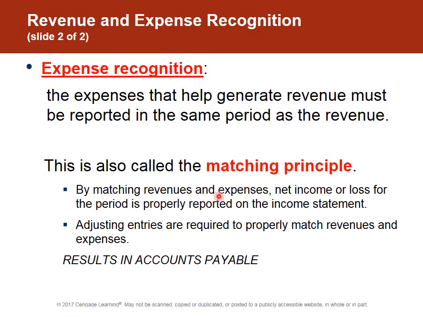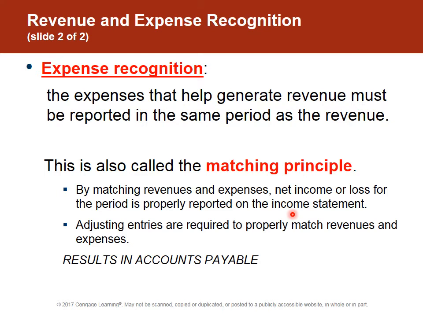This is also called the matching principle, where revenues and expenses must match. And so your net income or your net loss is properly reported on the income statement in the correct period. And that goes back to that Chapter 1 concept related to accounting periods.